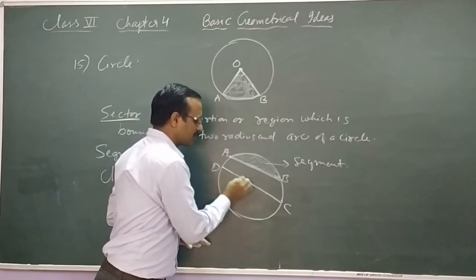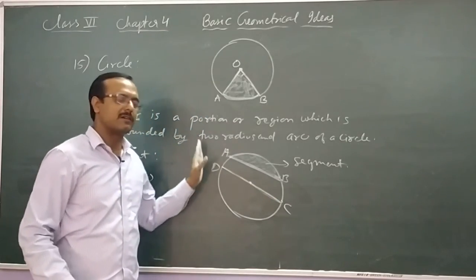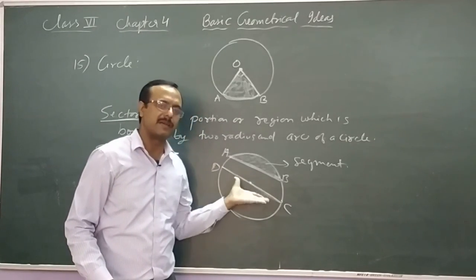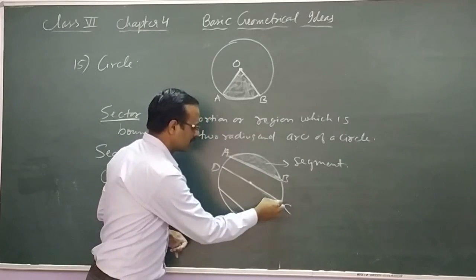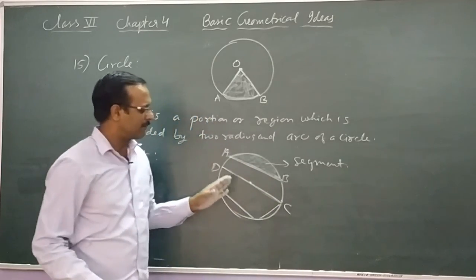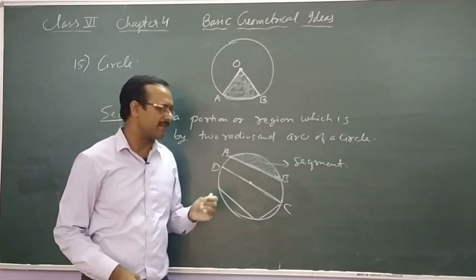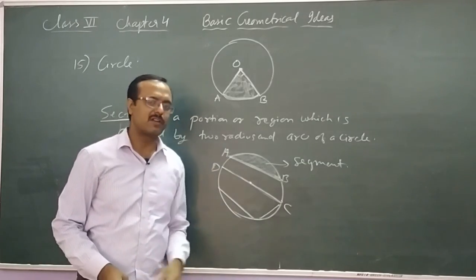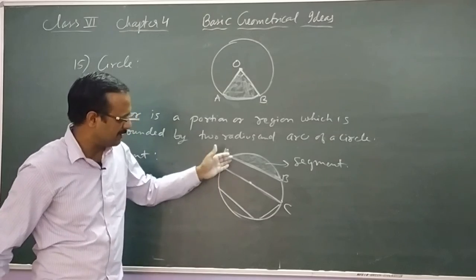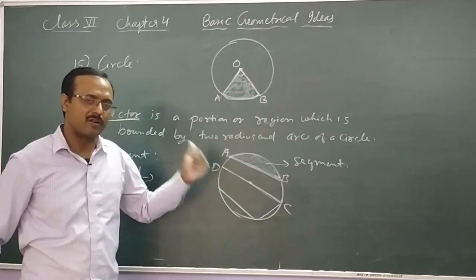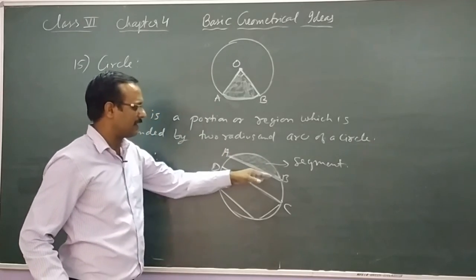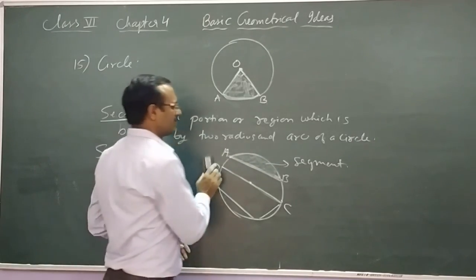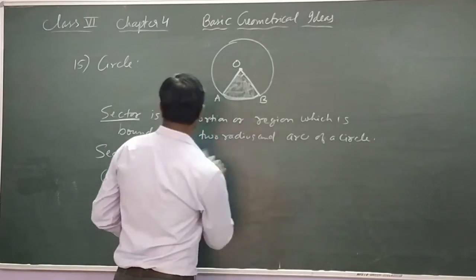You cannot draw a longer chord than a diameter. So this is a chord, this is a chord, this is a chord. If the line segment has its endpoints on the boundary of a circle, then that line segment is called a chord. And the region between the arc and the chord is called a segment of a circle.